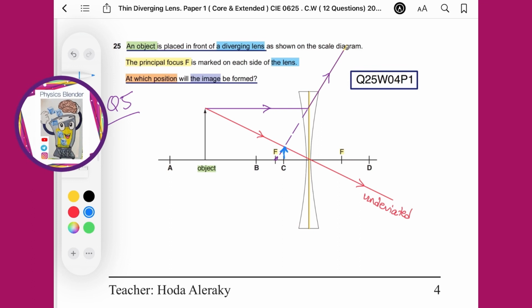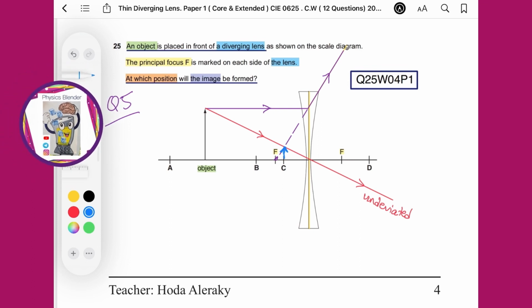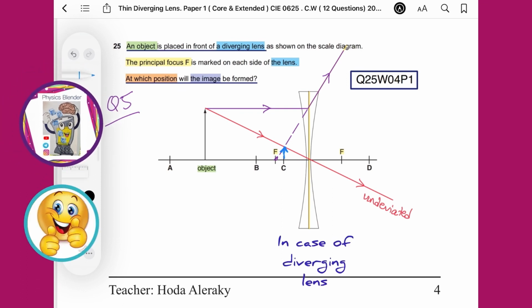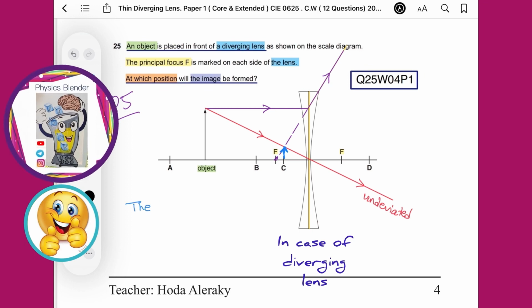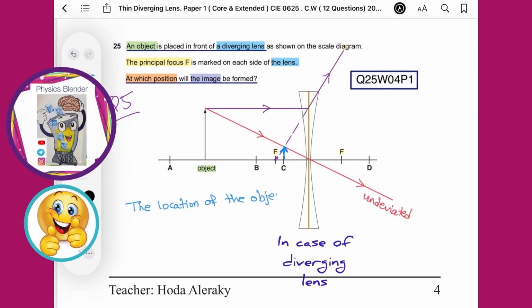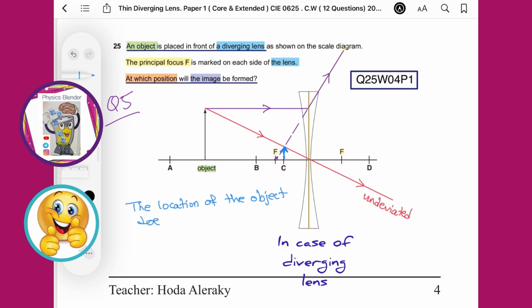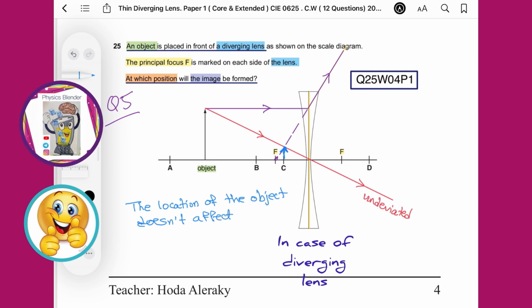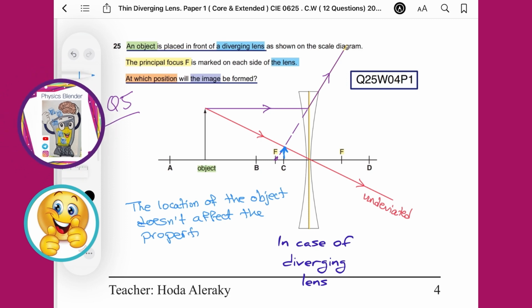Let me write here the fact that the location of the object doesn't affect the properties of the image.